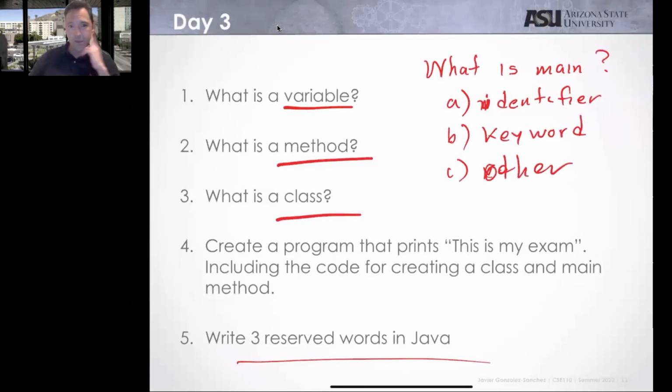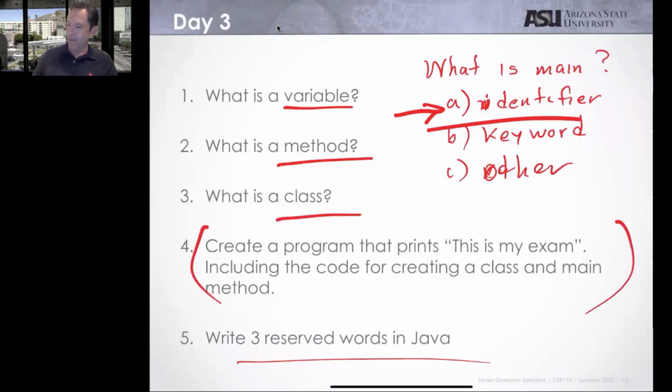I can think about options, but main is the identifier. Identifier means name, remember? Identifier of the class, identifier of the method, identifier of the variable. That is the fancy name for the name of. So you remember, main is the identifier of a method, the method that is the only one that the computer executes.